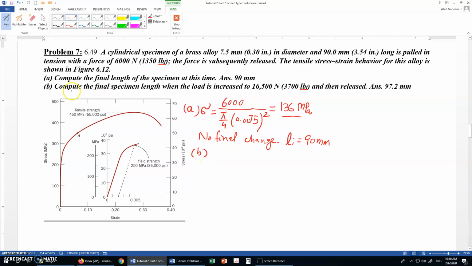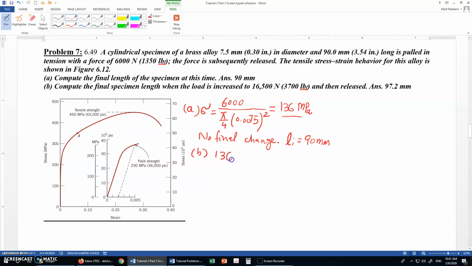Part B is to compute the final specimen length when the load is increased to 16,500 Newton. The load is increased proportionately, so the stress will also increase. From the previous answer we can estimate the stress.